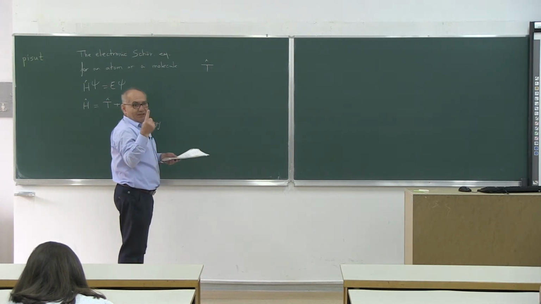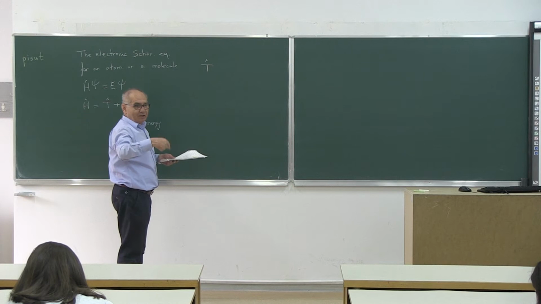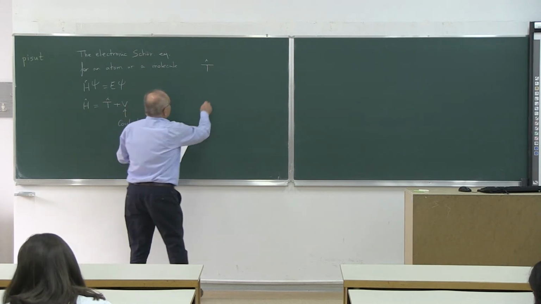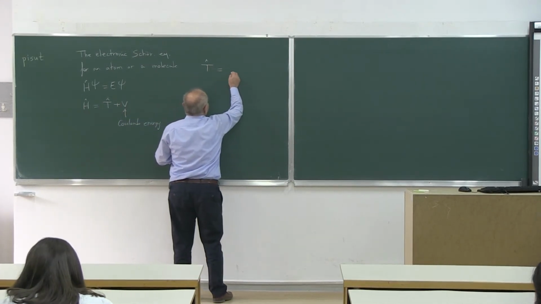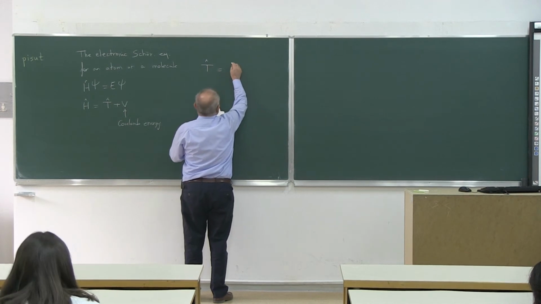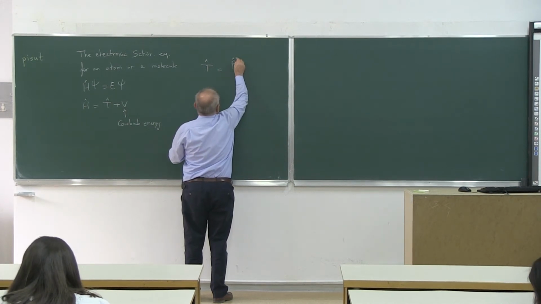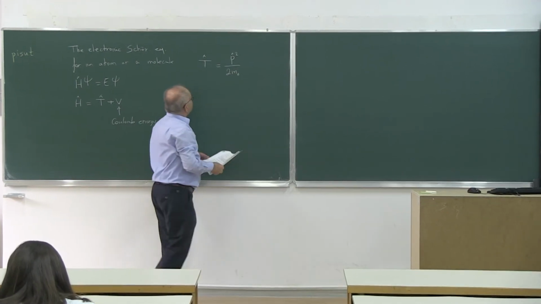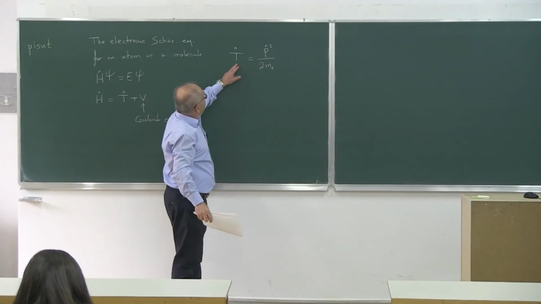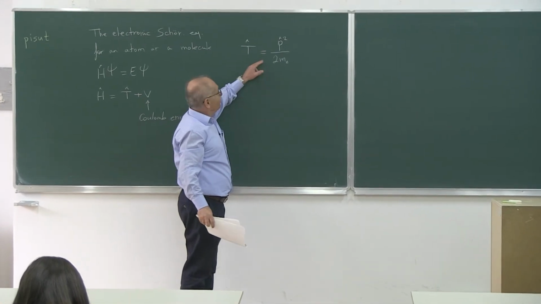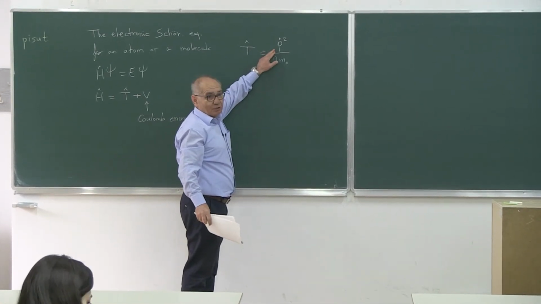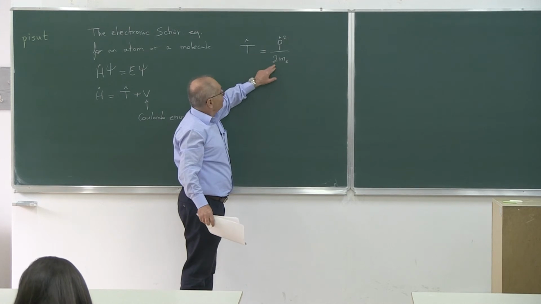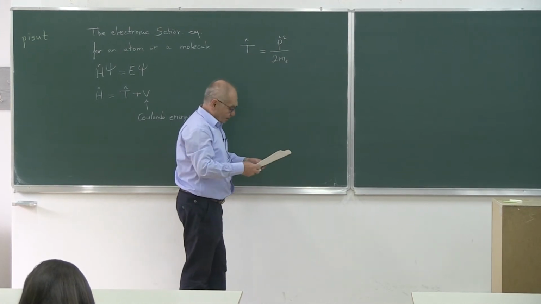We start with a single electron moving in 3 dimensions. And the expression for the kinetic energy of a single electron is square of linear momentum operator divided by 2 times mass of electron.